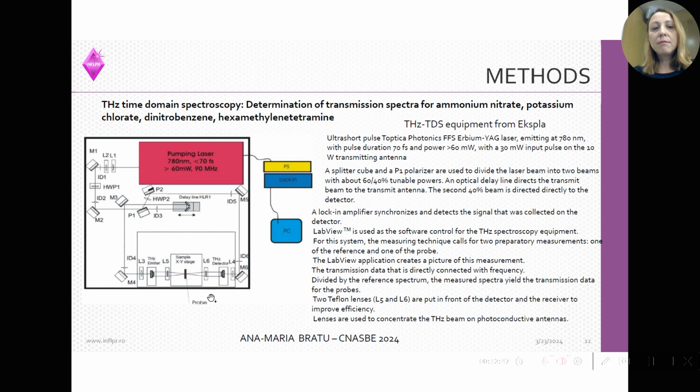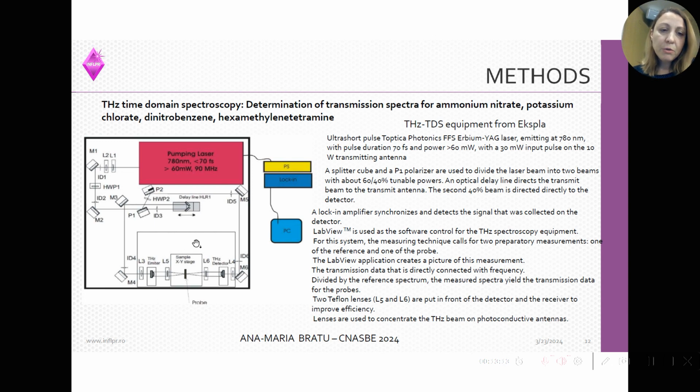This is a schematic of the system. We use terahertz equipment from Menlo, and as a pumping source, we use an erbium laser emitting at 780 nanometers with a pulse duration of 70 femtoseconds.